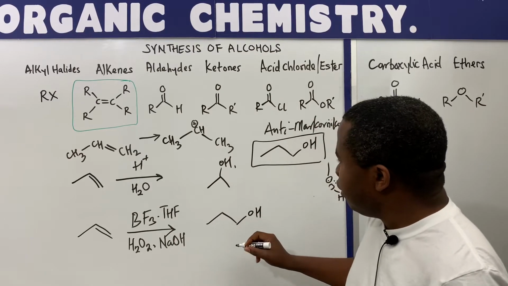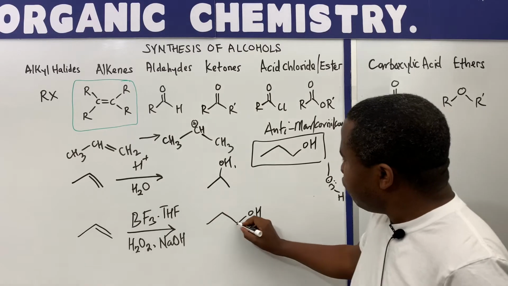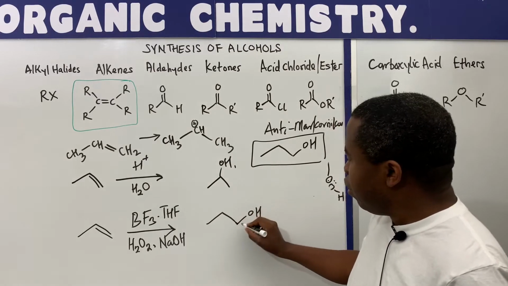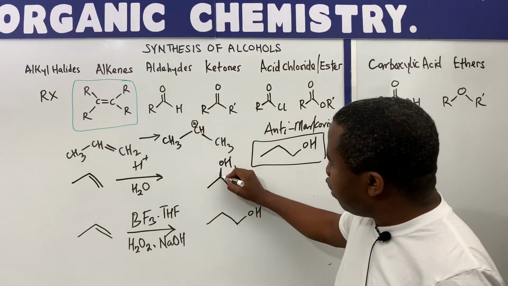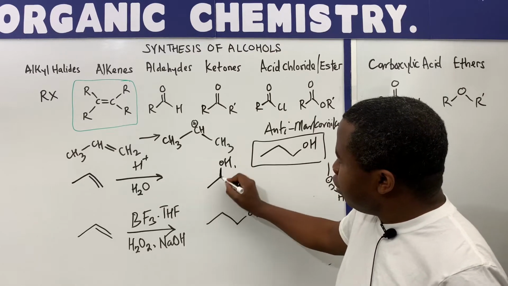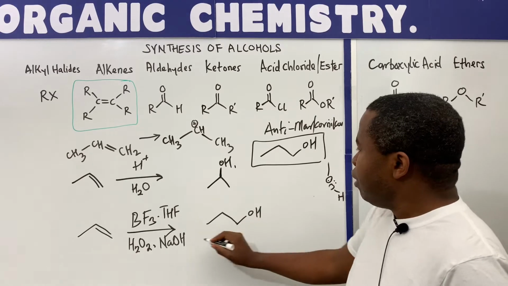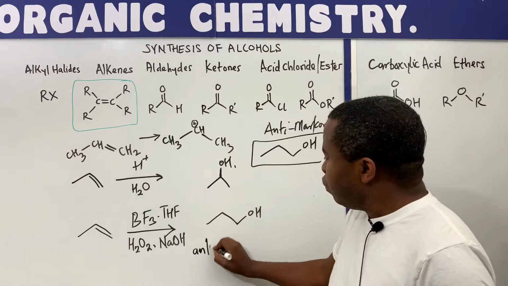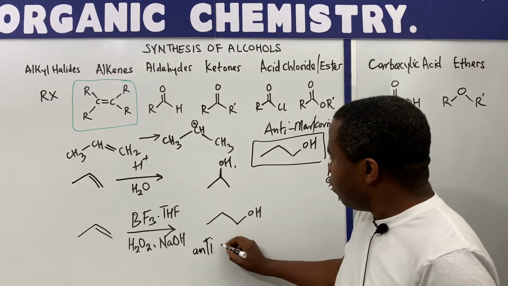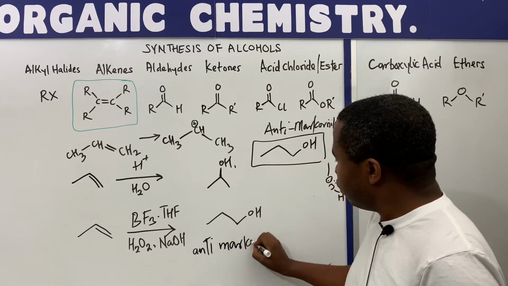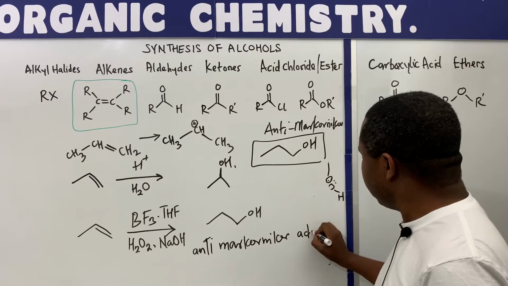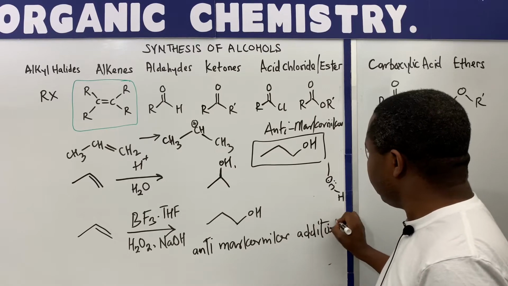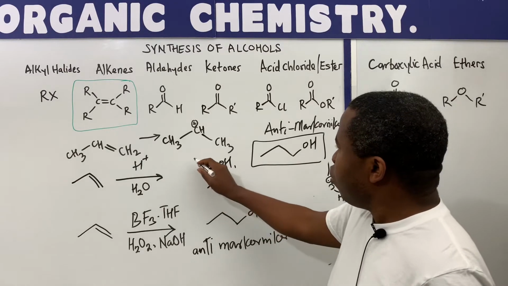You notice in this case we are having the OH here on the terminal carbon atom. In this case we are having the OH on the second carbon atom. So this is an anti-Markovnikov addition, whereas this is a Markovnikov addition.